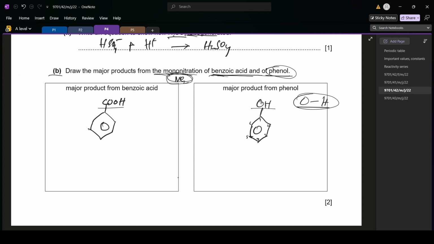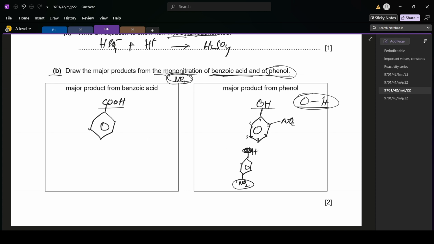For mononitration, I'm attaching NO2 over here, and the other possibility is that the nitro group is attached to this position. Both of these are possibilities, and both are right answers.